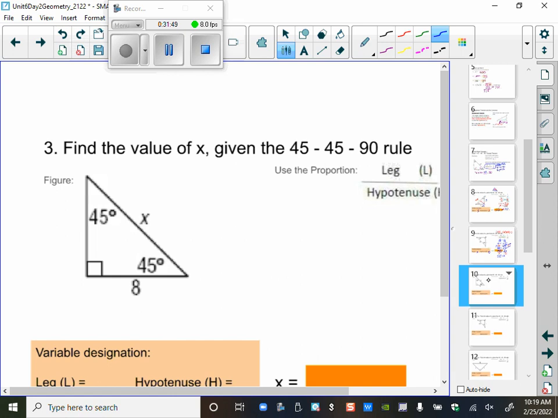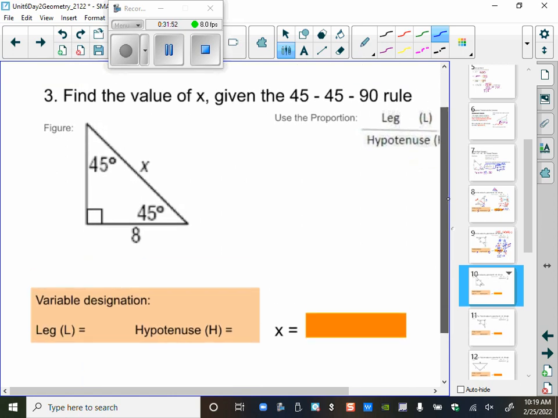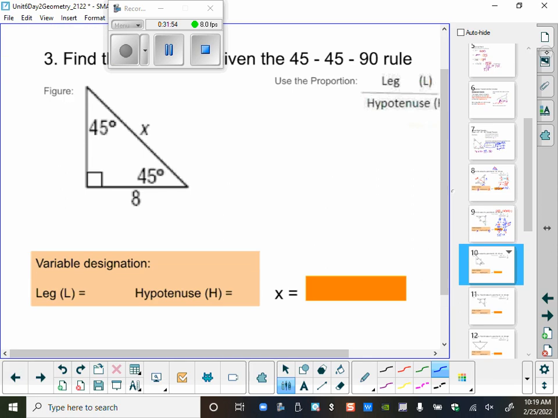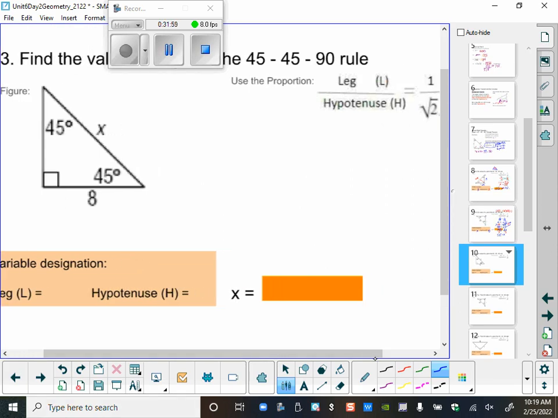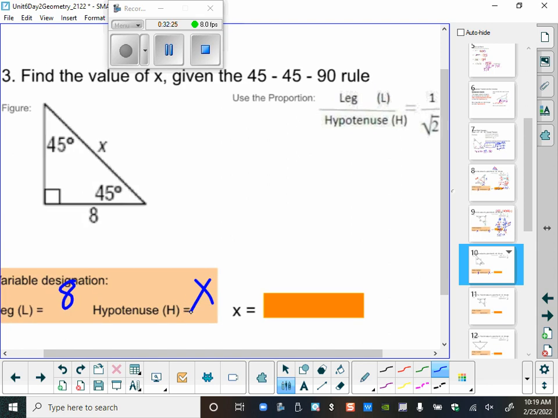Look at the next one. Okay, this one might not be so bad. All right, so what's our leg? What's our hypotenuse? Leg is 8. The hypotenuse is x. So how are we going to set up our proportion? What's going over what? 8 over x. Very good.